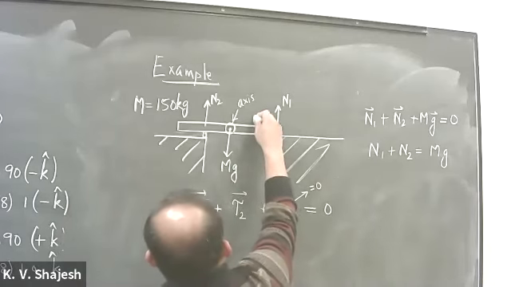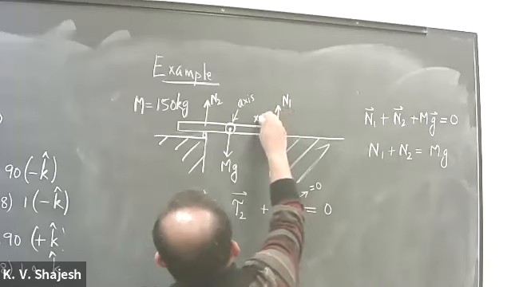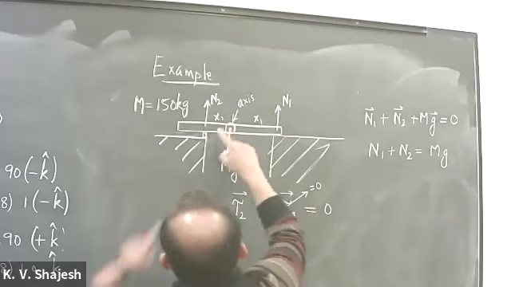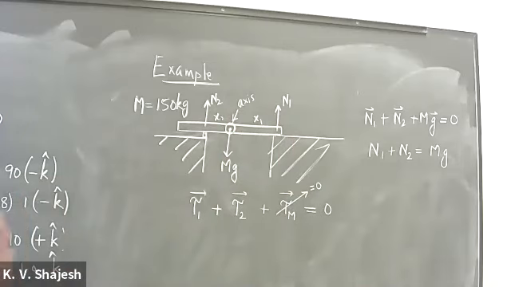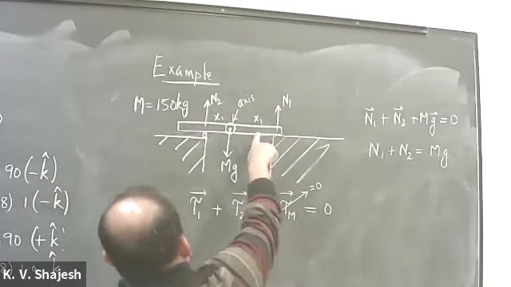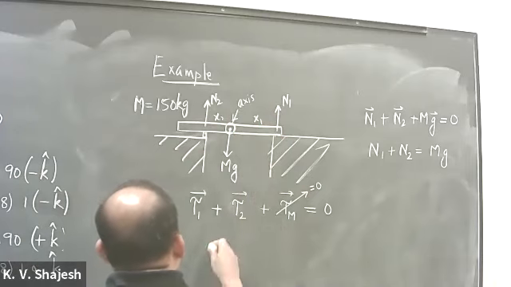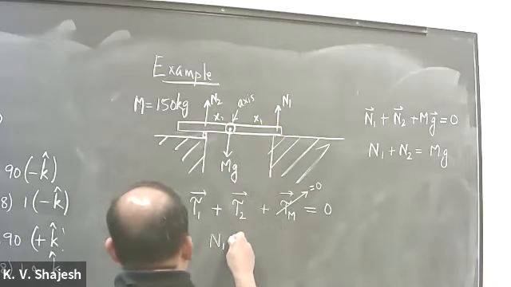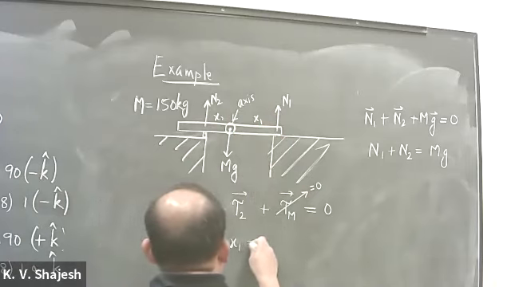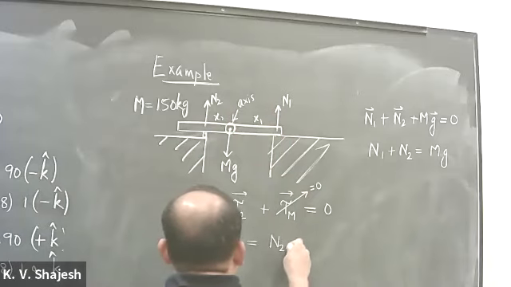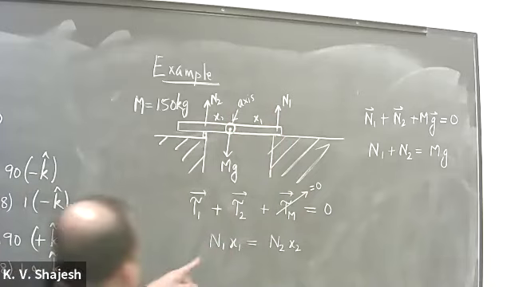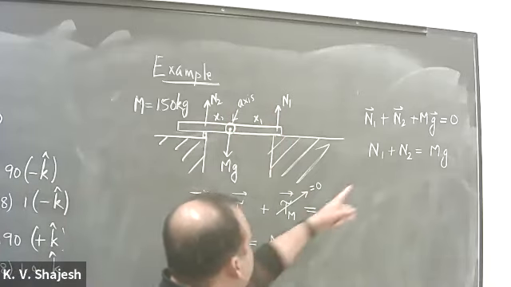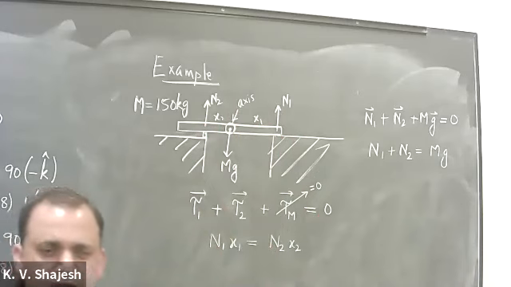And let's say now there is a x1, so this is x1, that's your x2. That's your distance from the edge of the table. And we can see that this, if you work this out, N1 times x1 will come out to be exactly equal to N2 times x2 in this scenario. So if you know x1 and x2, you can actually calculate N1 and N2.